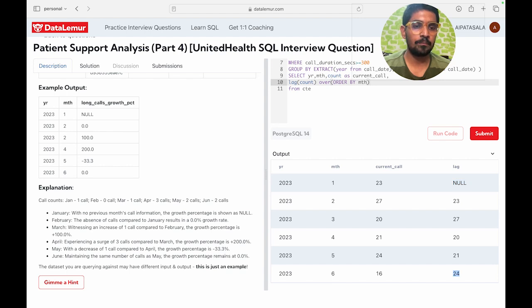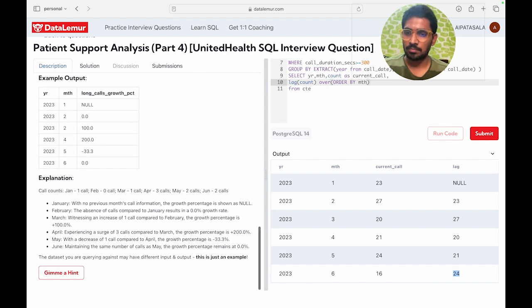So current minus previous divided by previous is the increase rate, right? That's what I'm understanding. So for Jan month there is no previous data, so null.